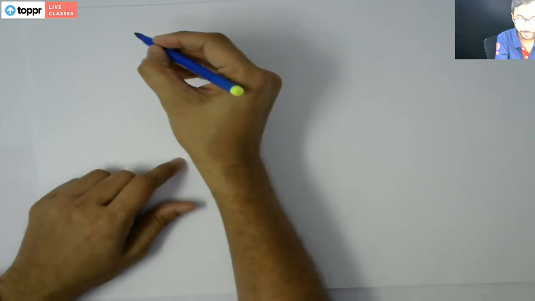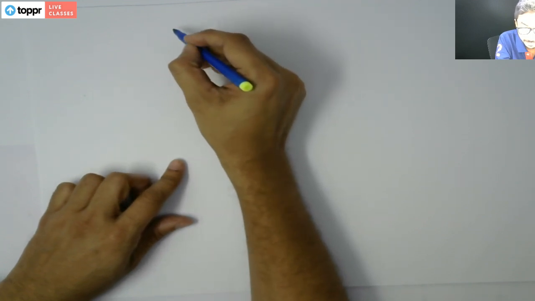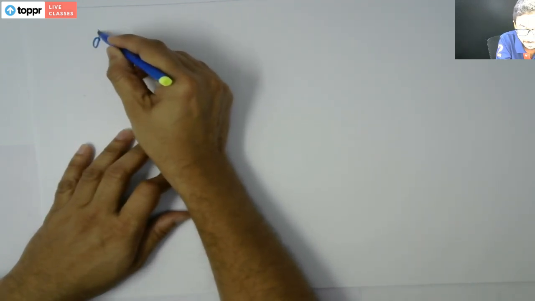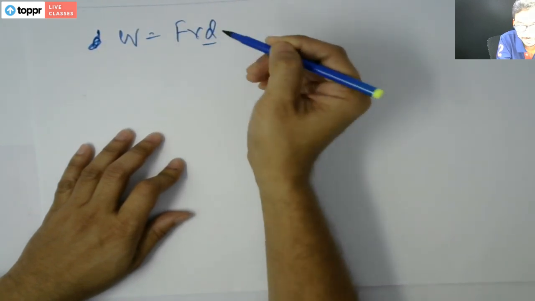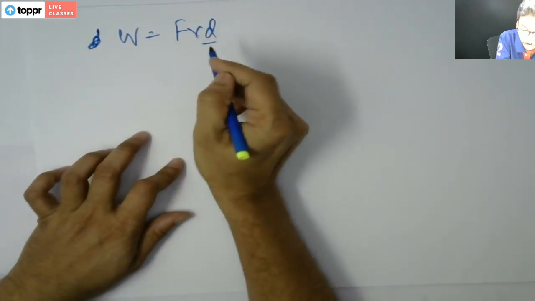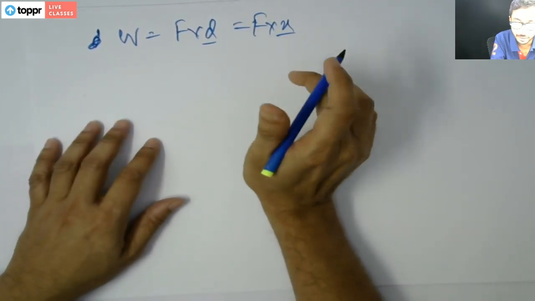Now let us go deep into the work done thing. For work done, work is force into displacement, or F into X, this is a very general formula.